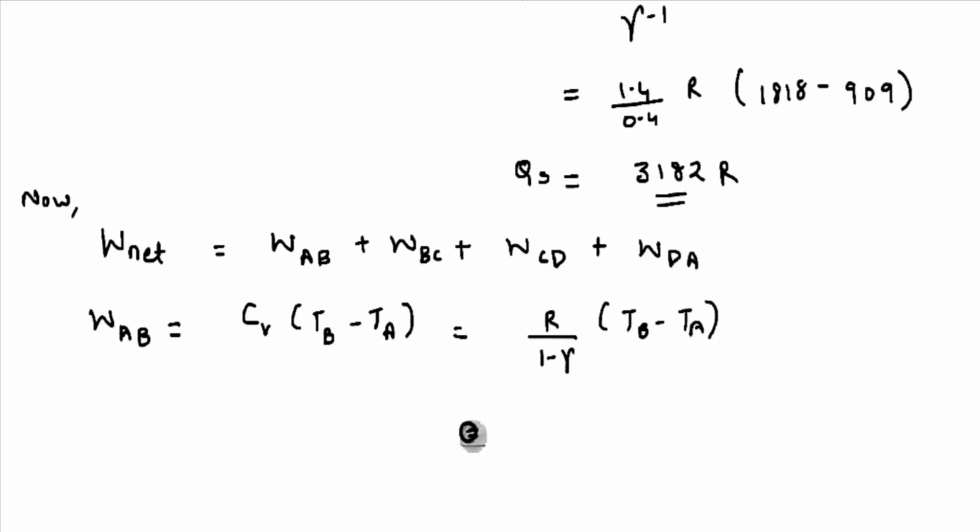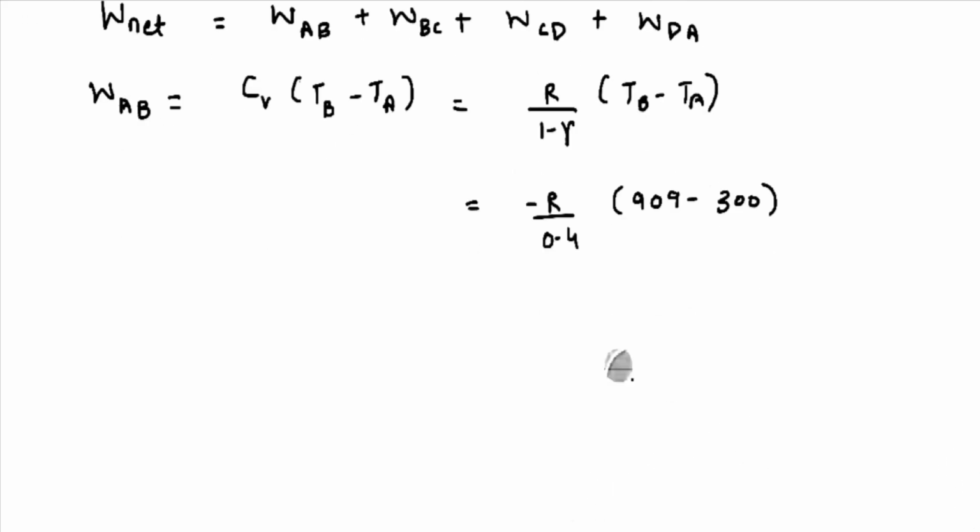Now we substitute the values. 1 minus gamma comes out to be a negative value, so it is negative of R by 0.4 into TB, which we have calculated as 909, minus TA, which is 300. This can be written as 5 by 2 R into 609 joules. So this is the work done from A to B.